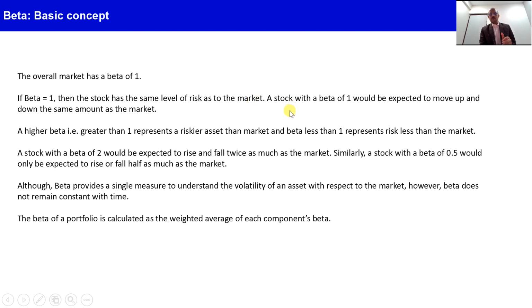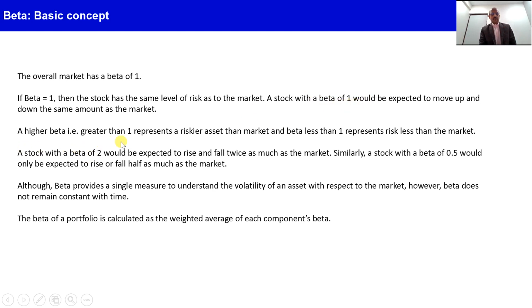So if the stock market moves up by, let's say, 5%, the stock price will also move up by 5%. If the index goes down by 7%, the respective stock price will also go down by 7%. That means there is a beta of 1.